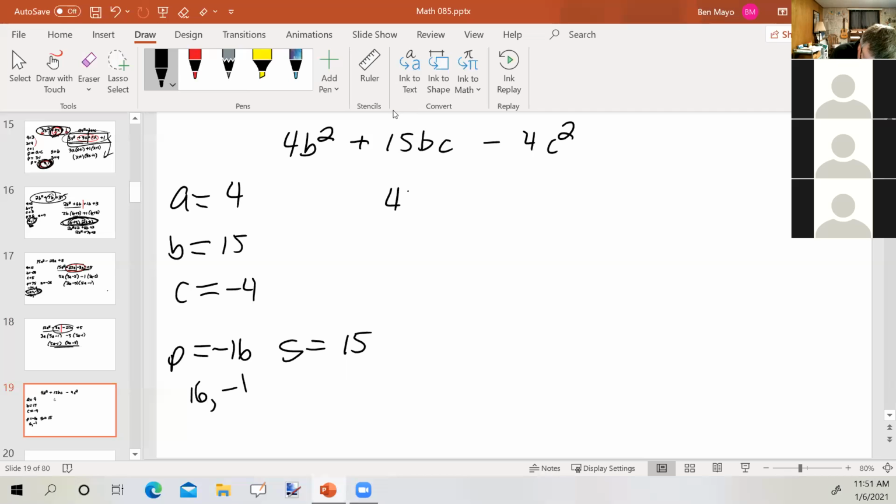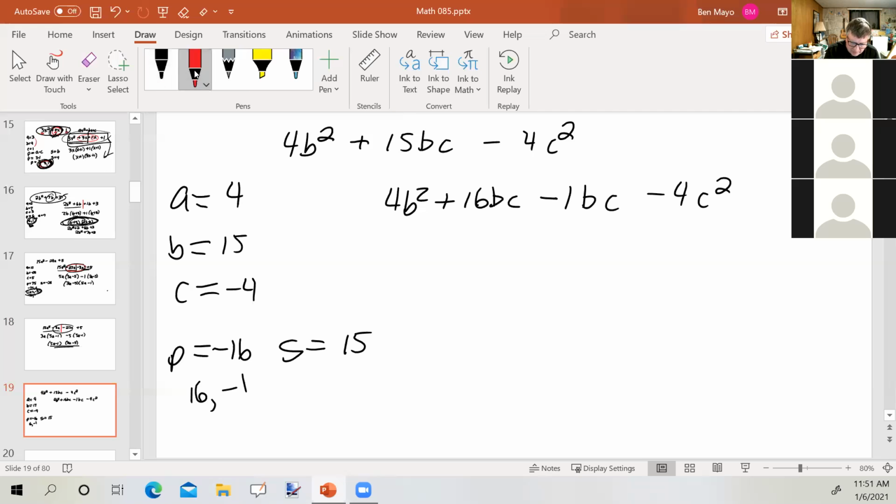So 4b squared plus 16bc minus 1bc minus 4c squared. Don't forget when you split that middle term that both those new terms have bc, not just the b or just the c.